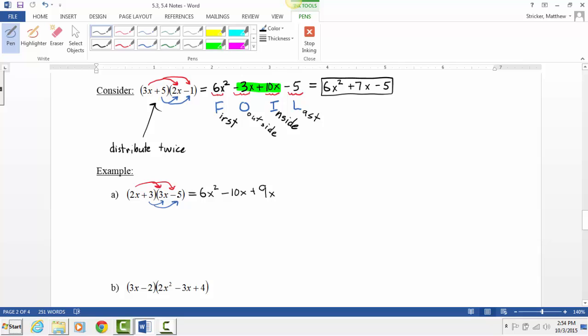And then I have 3 times negative 5. That's a positive times a negative, so we have a negative 15. Combining like terms, I have 6x squared, negative 10x plus 9x, that's negative 1x or negative x, and then minus 15.